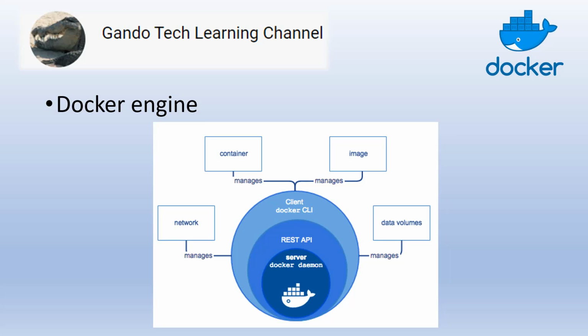Whenever you want to run the application or your image, you just spin up one of the containers. The other very important thing is the image. The image is a read-only template with the instructions for creating a Docker container.